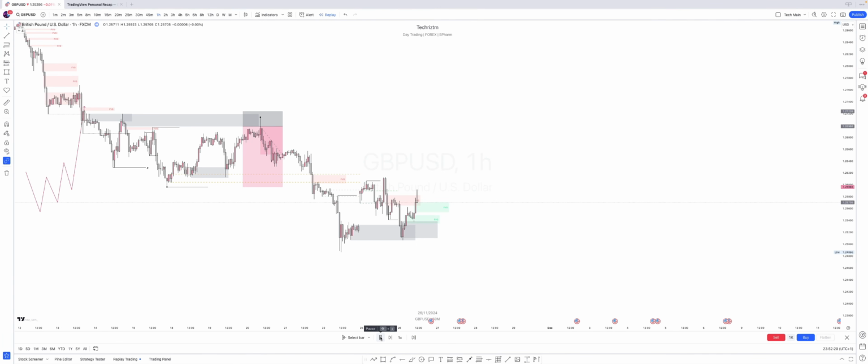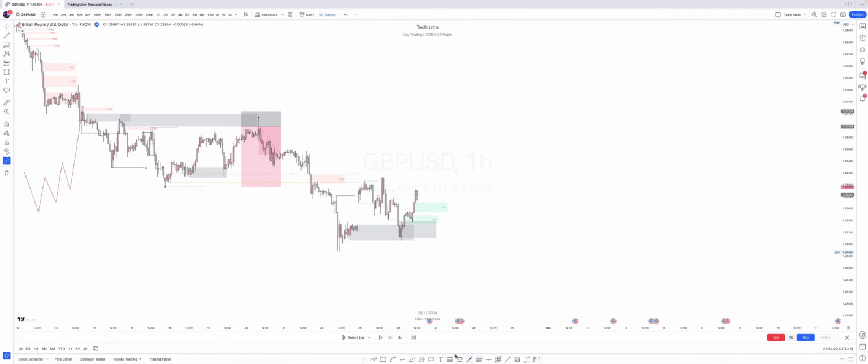Okay, we have another form of incomplete pullback. So we should also be expecting price towards, some persons might get in here, although this is just going to be some form of inducement or engineered liquidity.